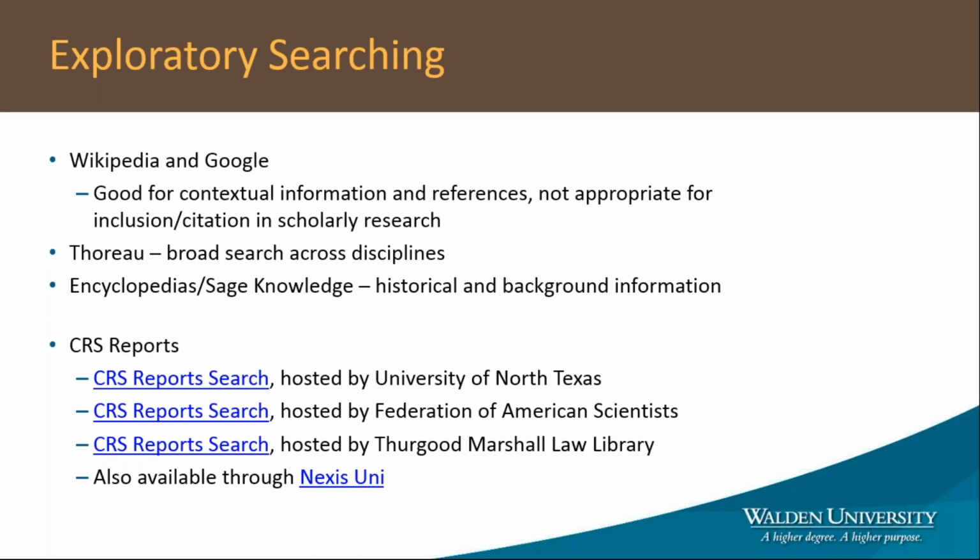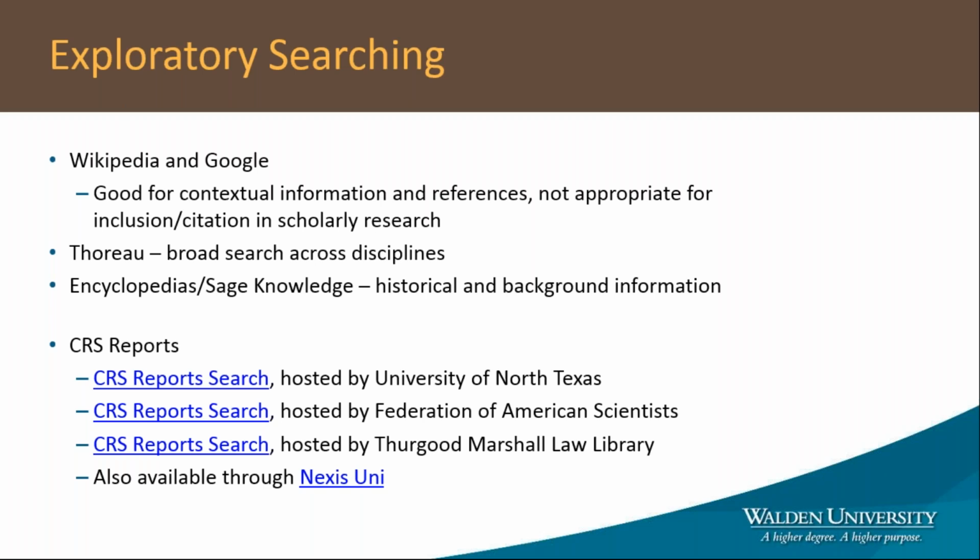And they do research on all these various topics when Congress is considering a particular piece of legislation. So they're really good for background information. They're often really good for statistics as well that relate to enacted public laws as well as to proposed legislation.